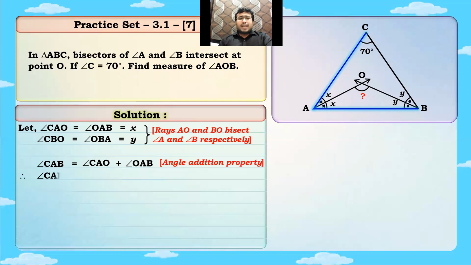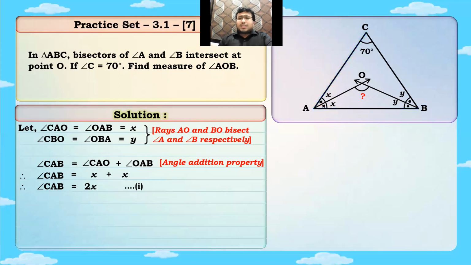Angle CAB is made up of two angles. Which are the variables for the two angles? X plus X. So students, I write down X plus X. So angle CAB is equal to 2X. I mark this as result number 1.